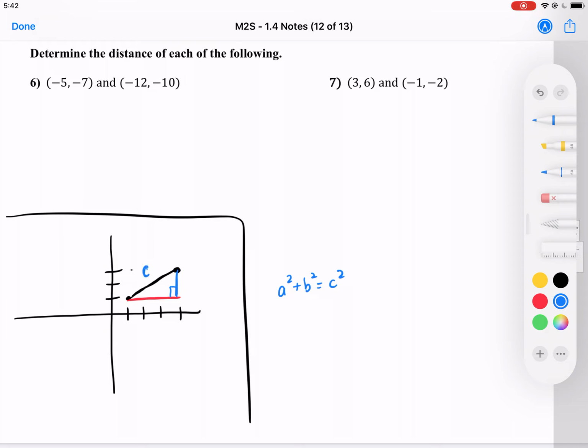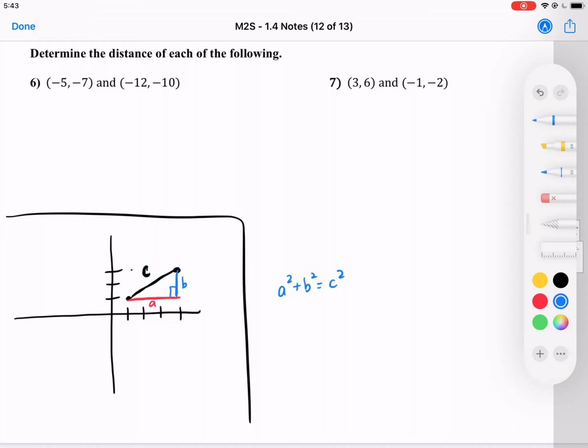So our c in this case is the hypotenuse, which is always the hypotenuse, which is the distance we're looking for. And then our a is this horizontal distance, and our b is this vertical distance. You can reverse the a and b, but those two are supposed to represent the legs.